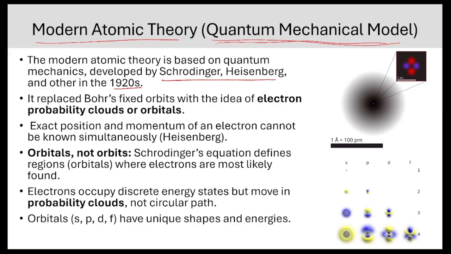The key principles of the quantum mechanical model: the first key principle is based on the Heisenberg uncertainty principle, and it states that it's impossible to simultaneously know the exact position and the momentum of an electron.